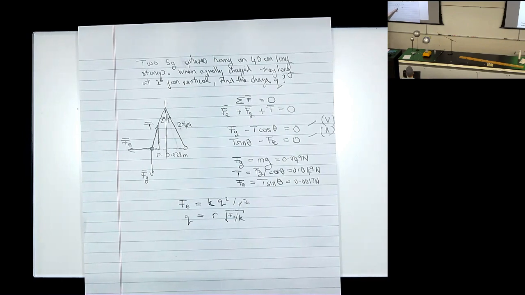Since nobody can read it, this says that the charge equals the separation between the charges times the square root of the electrical force divided by the Coulomb constant. It's just rearranging Coulomb's law.